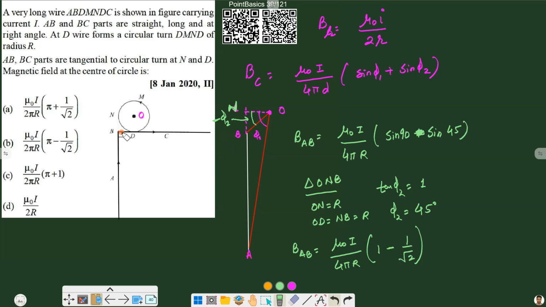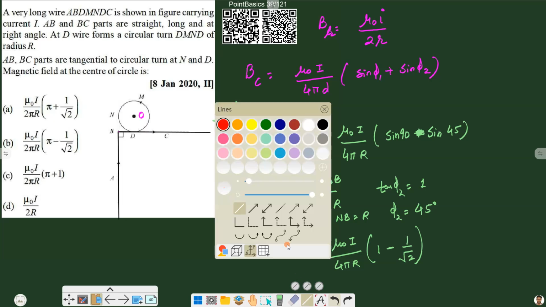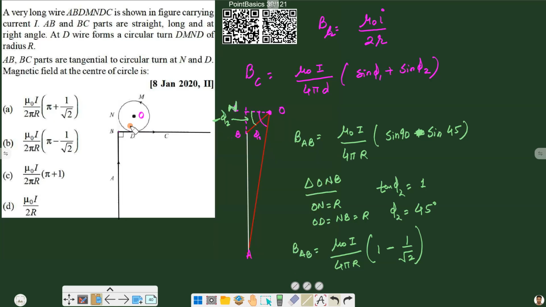Now going to the BC part, this long conductor, the BC conductor. And in this scenario, we can easily see that this OD will act as the bisector, and this will be phi 1, and here we will have phi 2.